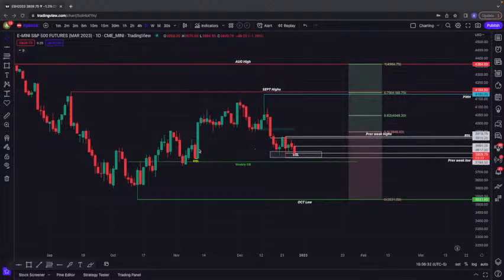Also notable, we were talking about this daily order block right here and how all these candle bodies didn't break 50%. Well, today we did, so that's a huge confirmation on bearish outlook right now.